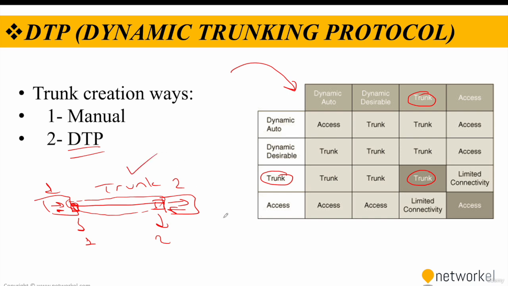Yeah, it is good. But on the other hand, if you configure switch 1 port 1 as dynamic auto, for example, and switch 2 port 2 as dynamic auto as well, then you will end up with an access port. You cannot configure a trunk link with two sides configured as dynamic auto.